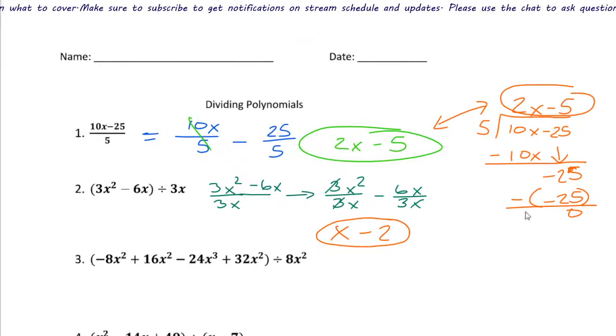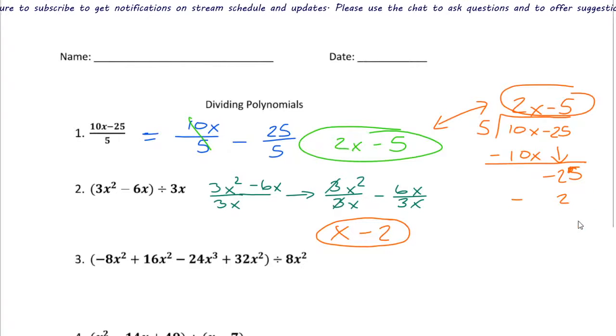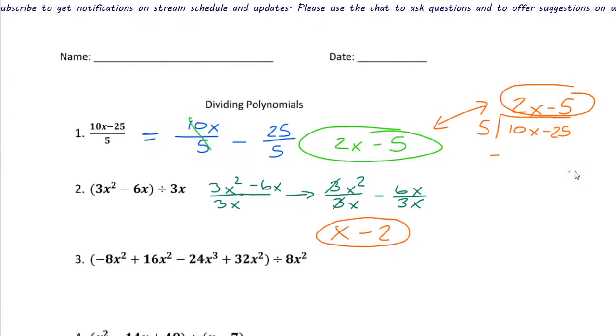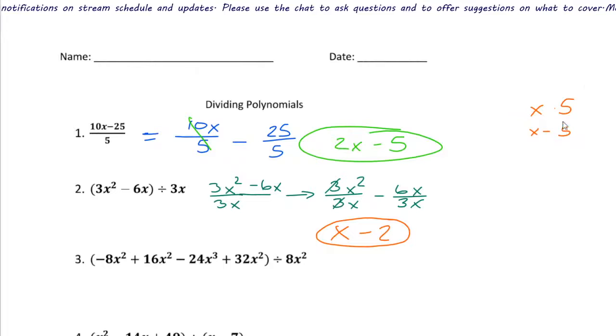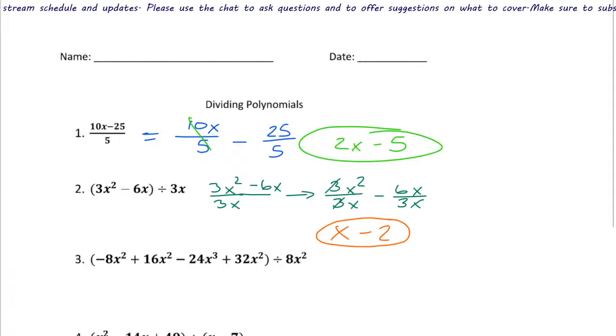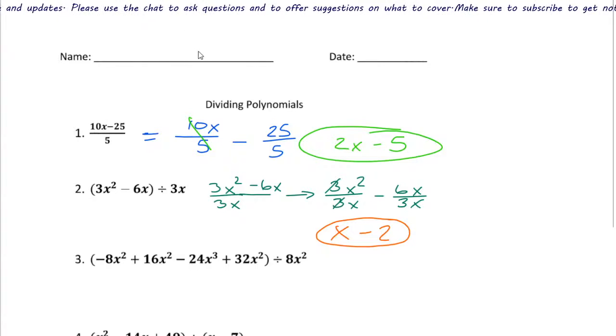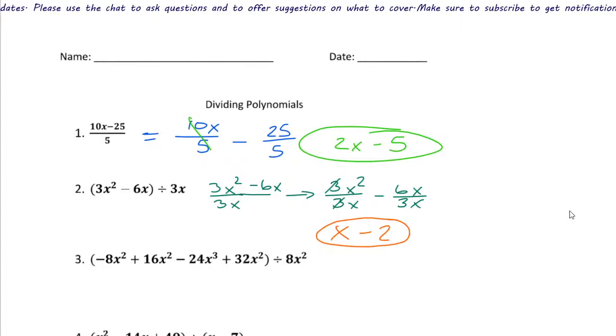Now if you wanted to set it up like this for the long division, I'm going to erase this real quick so we can get a little bit more space right here. So to set that up, this one is going to be just a little bit different.